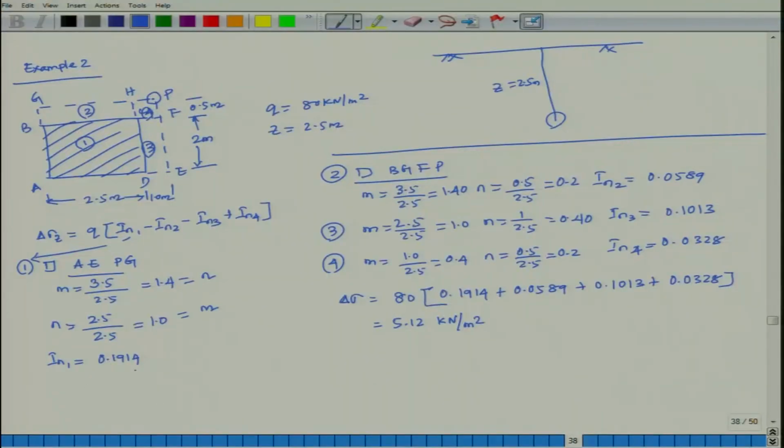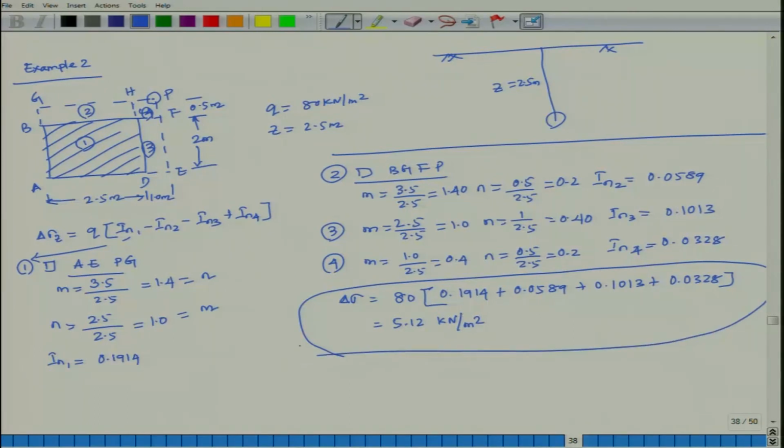Similarly, case 2, same M, N and I_n2, case 3 M, N and I_n3, case 4 M, N and I_n4, then from there I get delta sigma. So, these are the two problems, and these two problems you are supposed to solve.